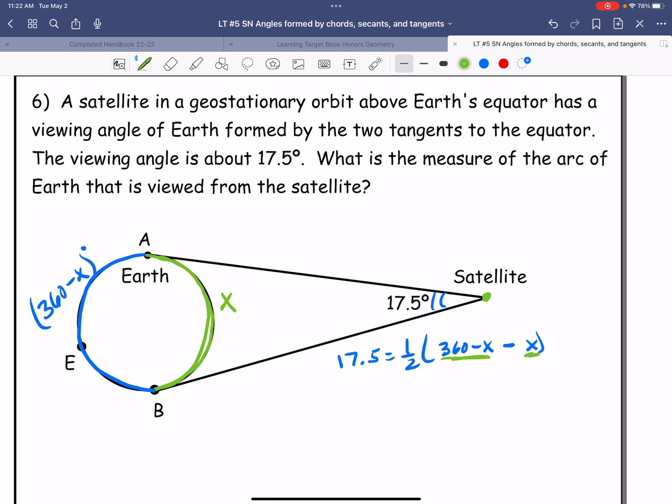So that's the equation we use to set up. We can multiply both sides by 2, and we get 35 equals 360 minus 2x, and then just solve this equation. So when I subtract 360, I get negative 325 equals negative 2x, and then I divide by negative 2. I get 162.5 degrees.